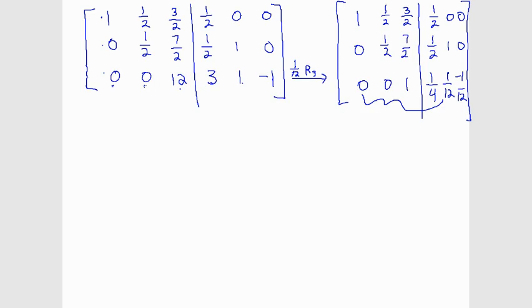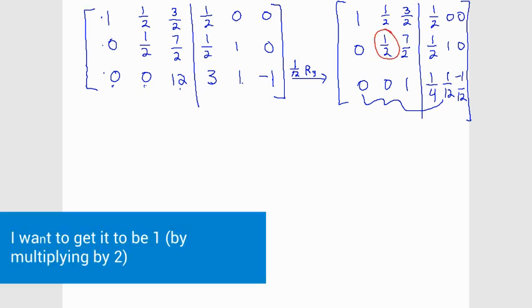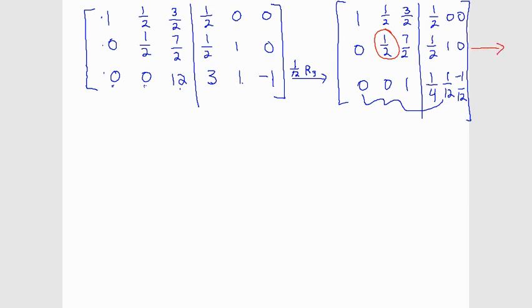All right, so the next thing I want to work on, this 1/2. I want to get it to be a 1. Once again, probably best case scenario is to use scalar multiplication. I can multiply 1/2 by 2 to get that 1 there. So 2 times row 2. So when I write out my new matrix, again, rows 1 and 3 are not changing. So 1, 1/2, 3 halves, 1/2, 0, 0.